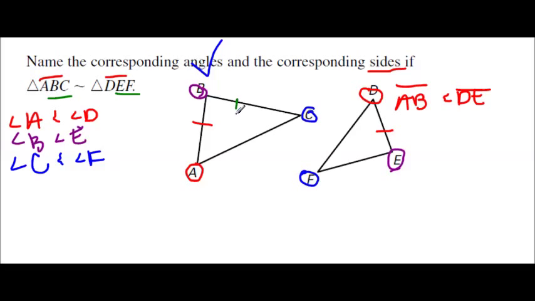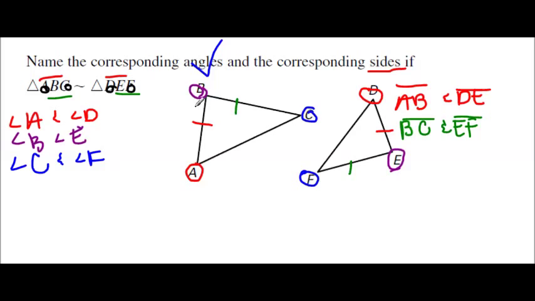Now I'm going to jump to the last 2 letters. So the first one I have is side BC, and side EF. I could also use that I'm going from purple to blue this time. So if I go from purple to blue in the first triangle, I have to go purple to blue in the second.